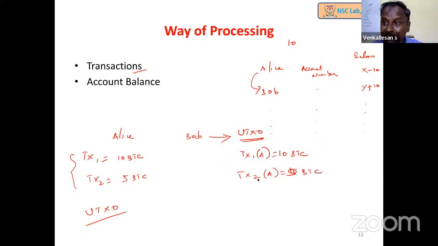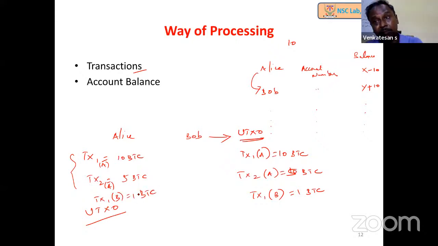And in case Bob is having his transaction, that is also available. So this is of Alice, this is of Alice, and this is of Bob. All the participating nodes will have the copy of this, as I said in the very beginning, with a little delay in having the accurate data. So these are considered as unspent transaction output. That means these transactions are not yet spent by the particular account holders.